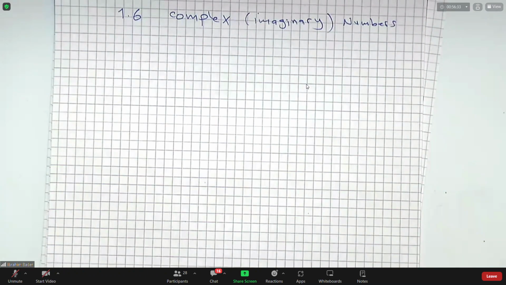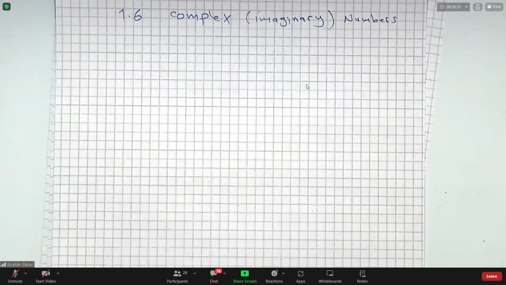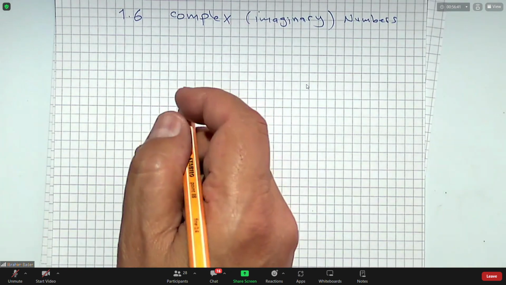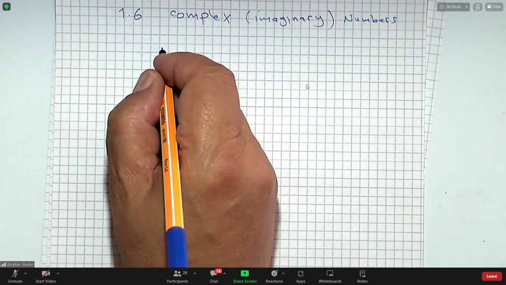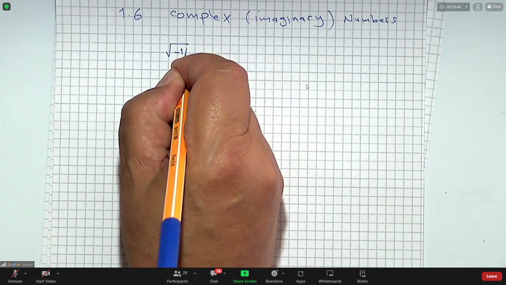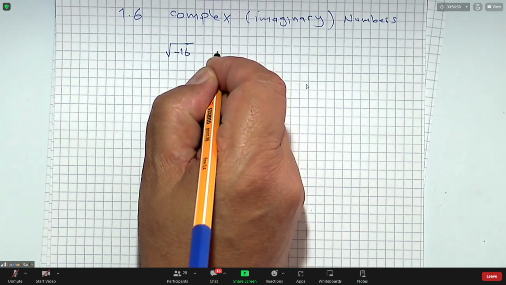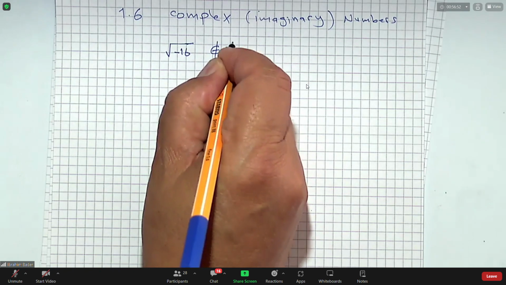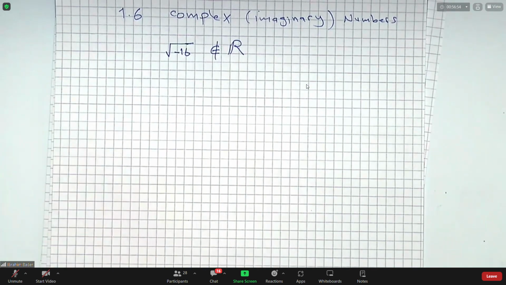Why are they called imaginary? Because they are not real, no? Not real. We said that if you are trying to evaluate the negative root in R, there is no negative root in R. Negative roots are not defined as real numbers.